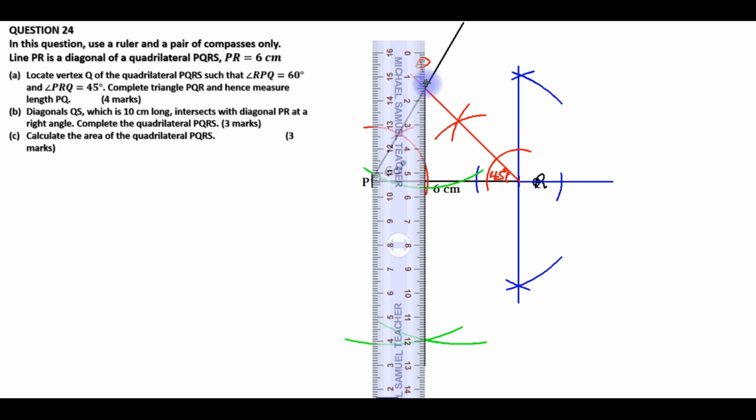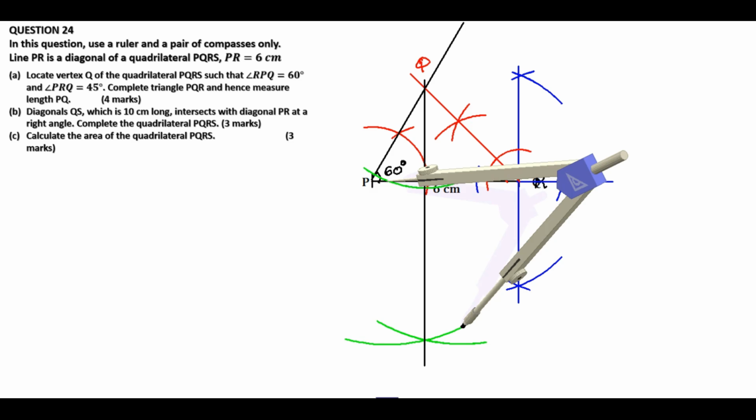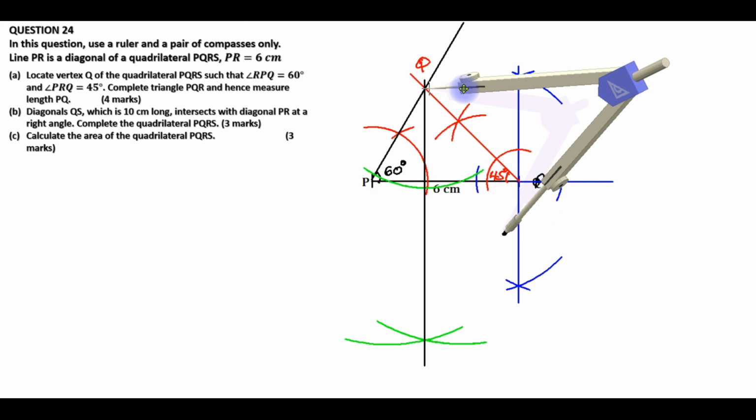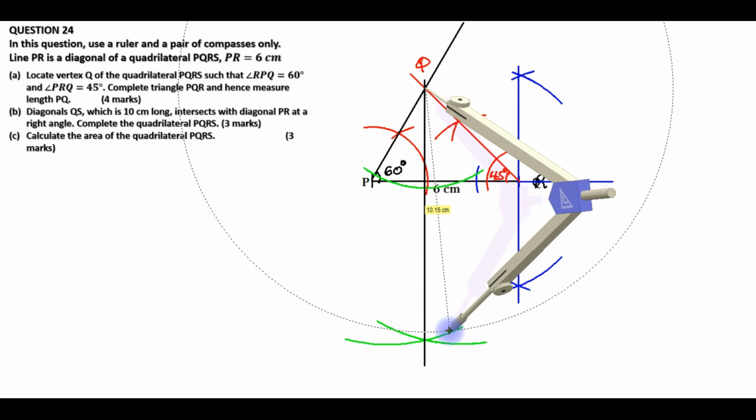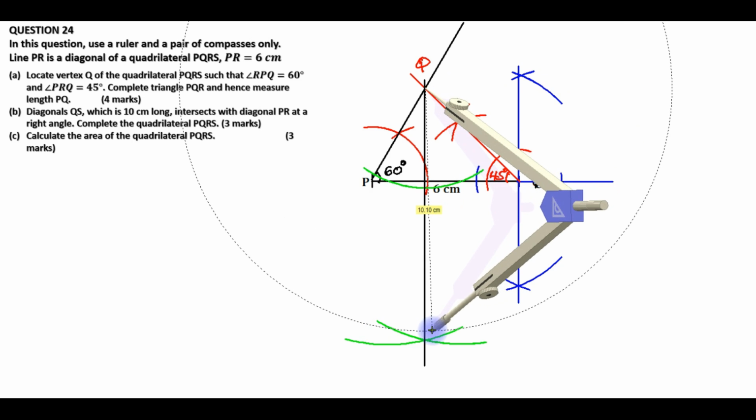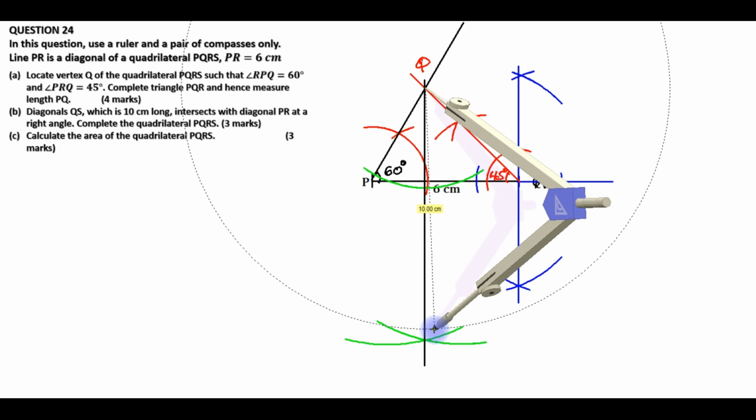And since QS is 10 centimeter, therefore I'm going to measure from Q a length of 10, and then I put the arc, 10 centimeter. So that is 10 centimeter.